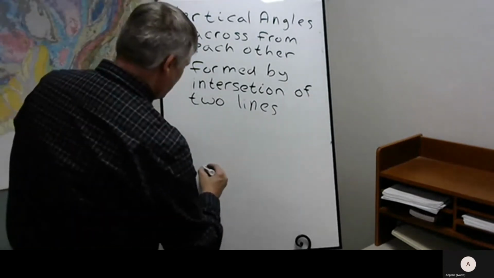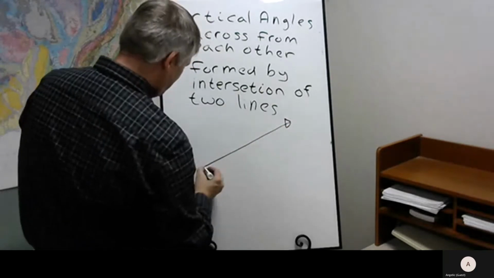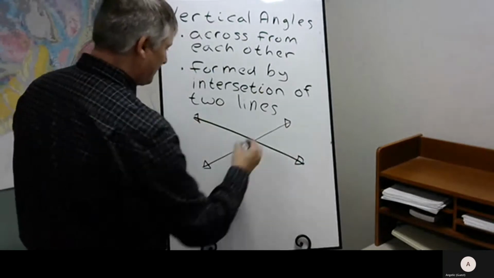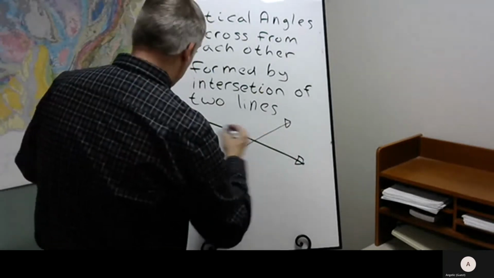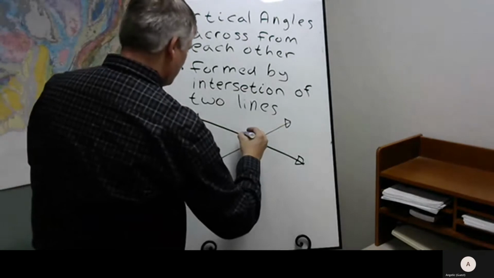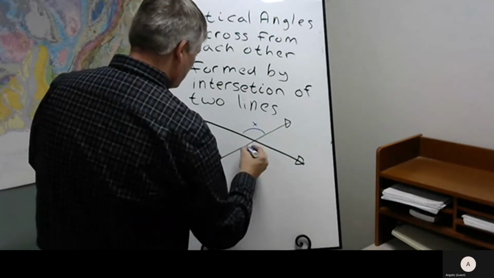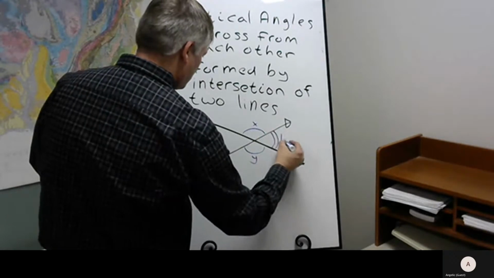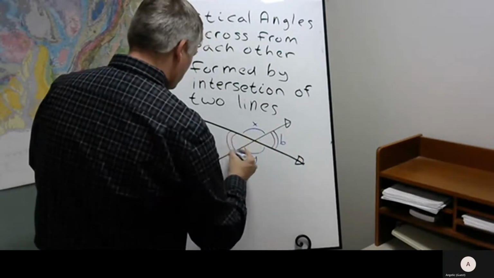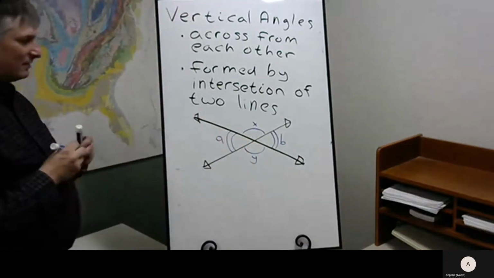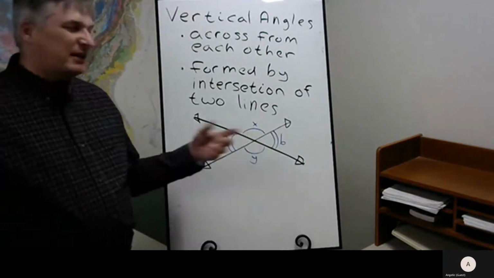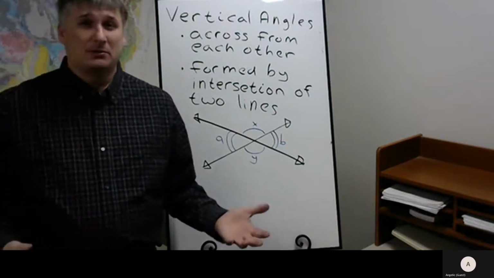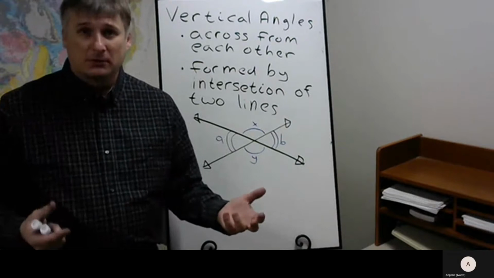So something like this. So what this means, I don't think they use this in the textbook, but this is a sort of technique that's sometimes used in geometry to show that angles are equal.